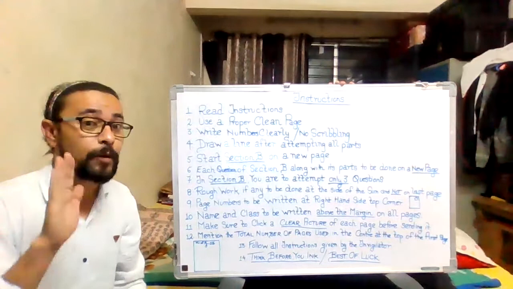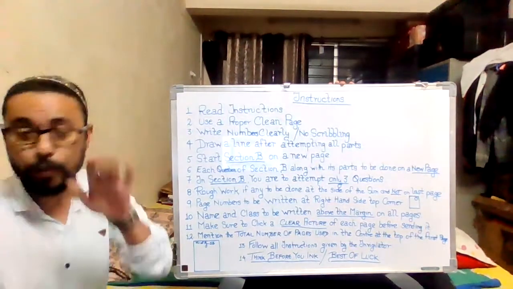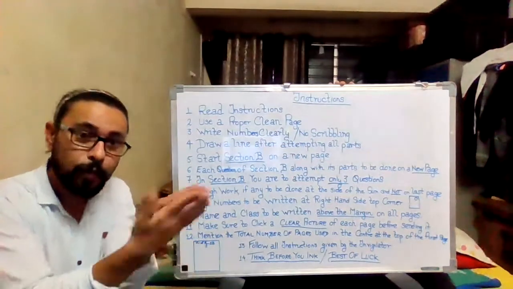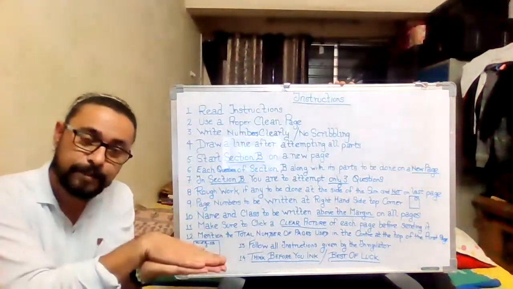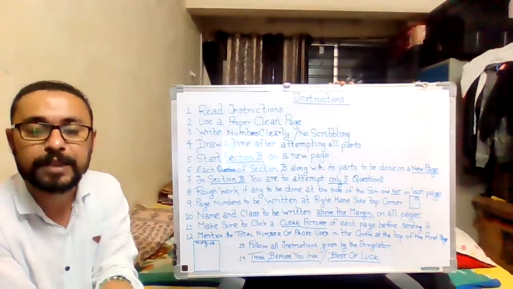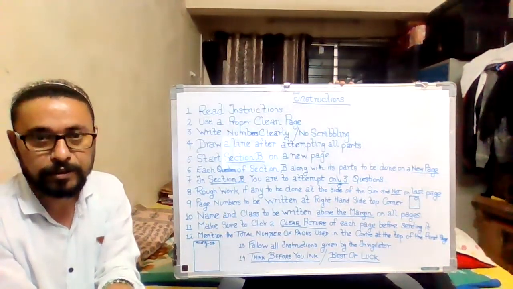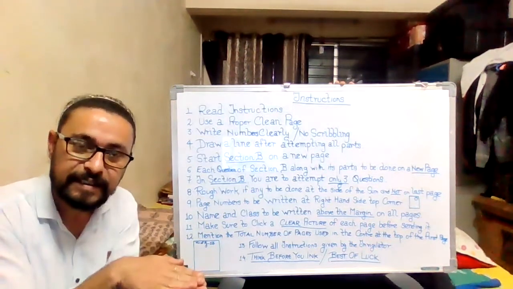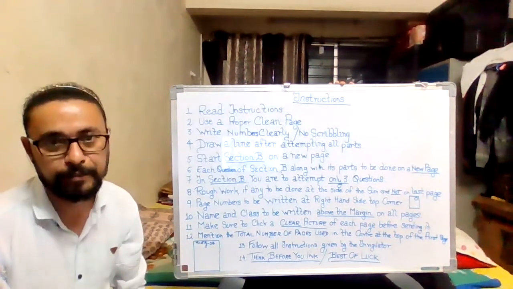Now here when I talk about page number, it means one side is page number 1, the other side is page number 2. One side is page number 3, the other side is page number 4. One side is page number 5, and all my sums come to an end. So you may have 3 pages in your hand, but when you count the sides, then you have 6 pages.